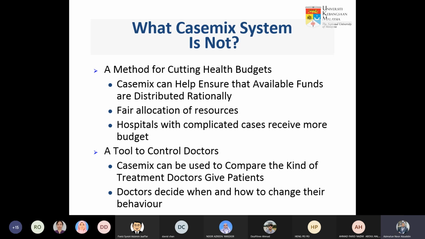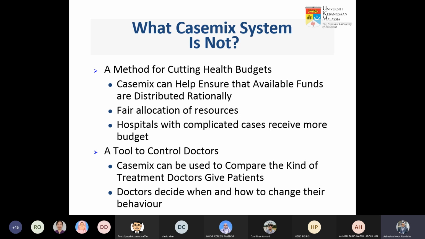Casemix actually can help ensure that available funds are distributed rationally, sebab kita measure efficiency dengan effectiveness. Kemudian fair allocation of the resources, because it's not just how big the hospital is, actually how complex each of the hospital treat patients. The hospital with complicated cases receive more budget rather than sizes of the hospital.